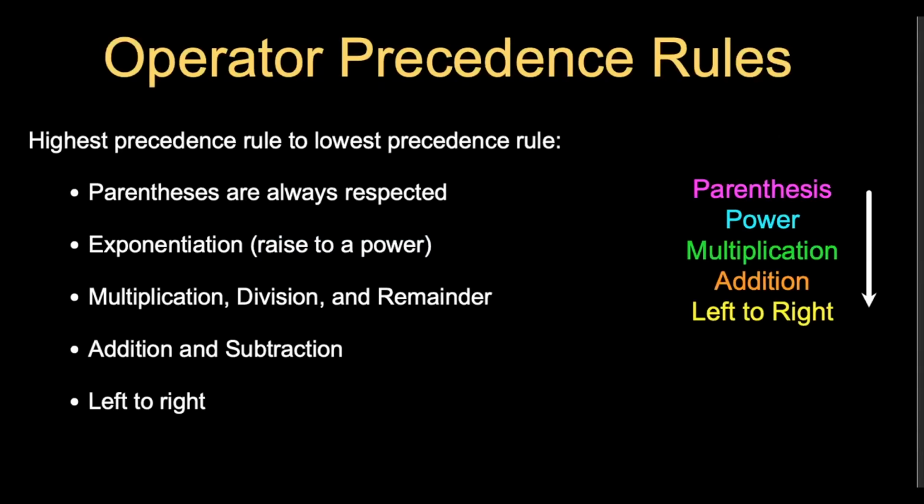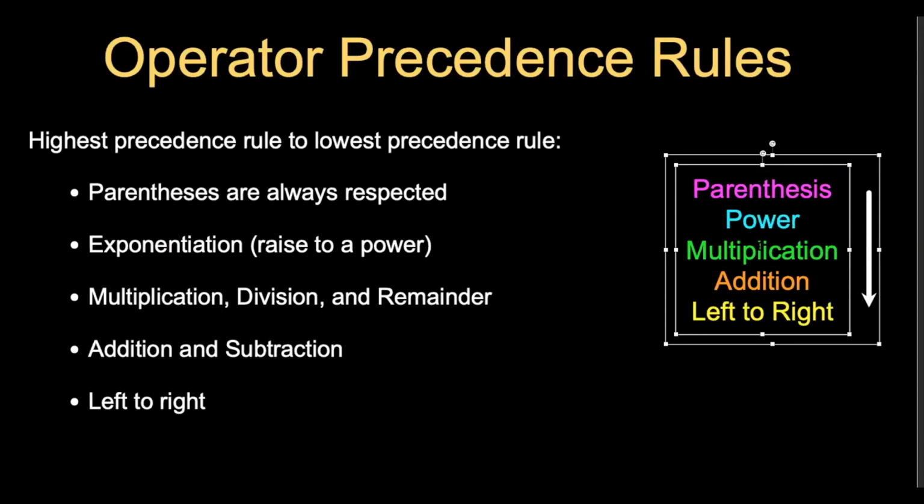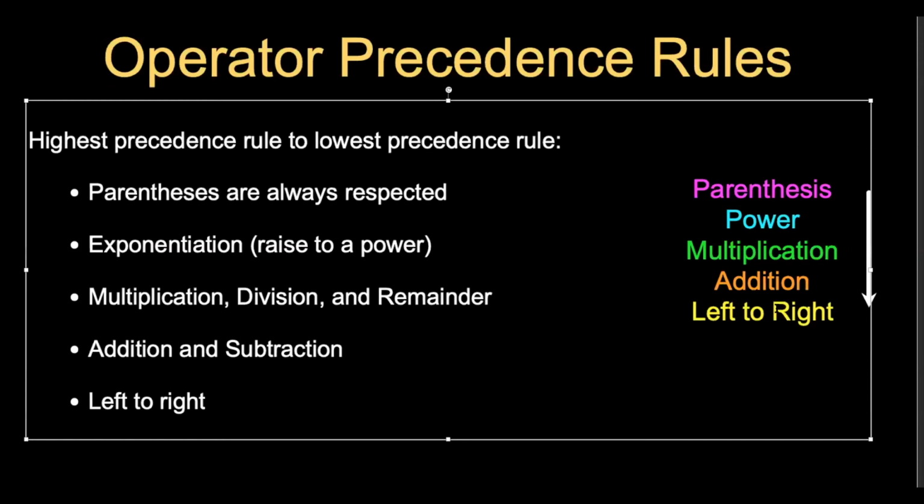We're about halfway through. Okay, so order of precedence rules: parentheses over power, over multiplication, over addition, and then left to right. Does it make sense? So what does left to right mean?